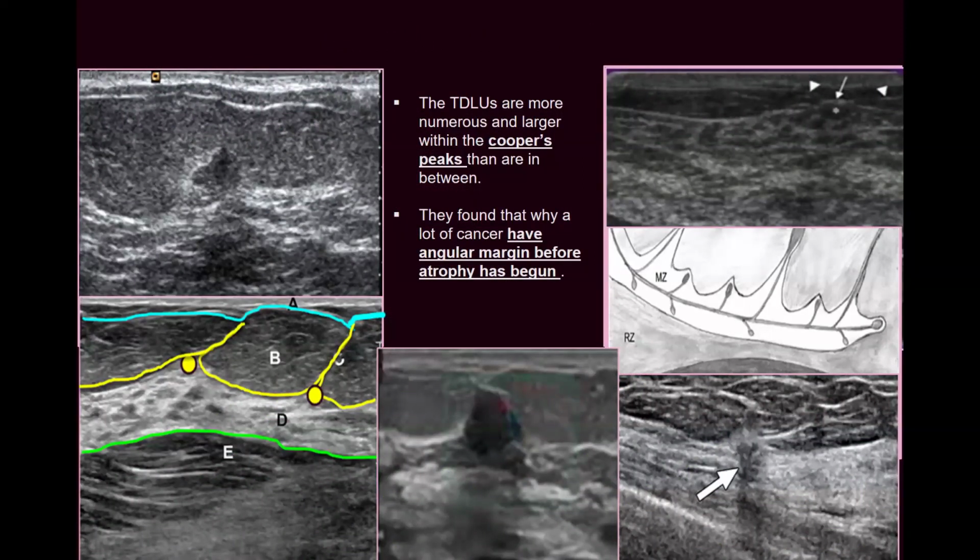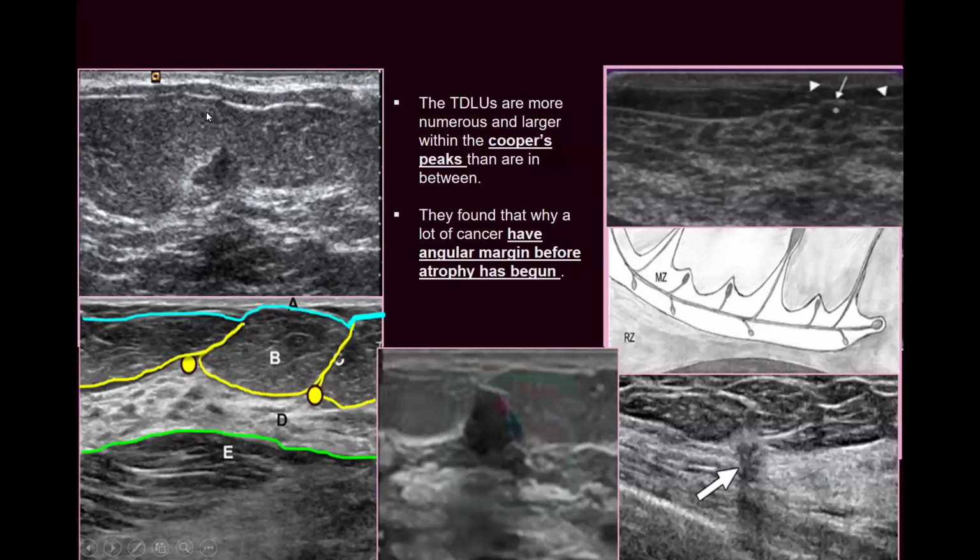And as we have mentioned before, they are also more at the base of the Cooper ligament. Do you remember? I'm revising the lectures only in these slides. I'm trying to make a summary for you. Here, can you see the angular margin?